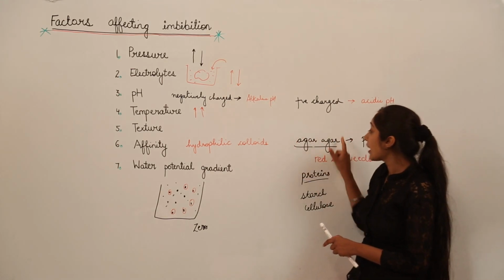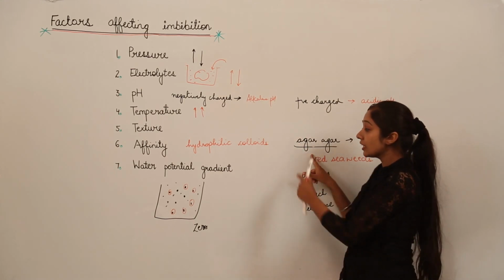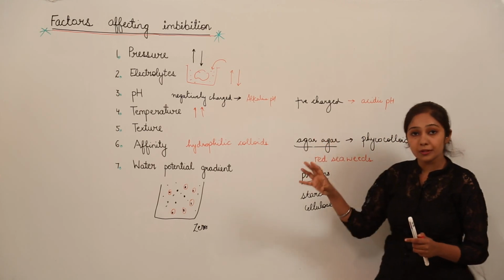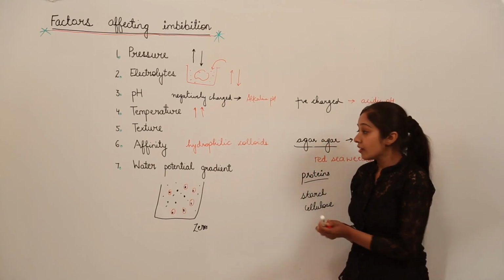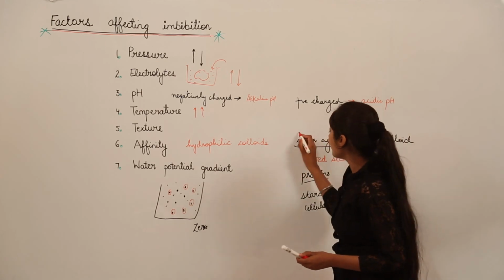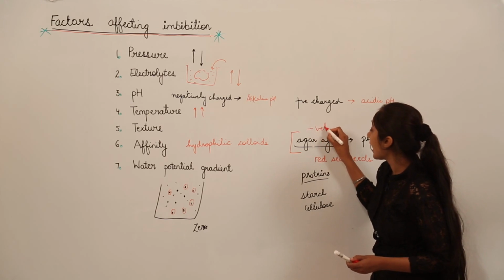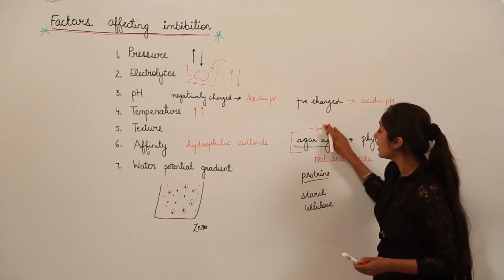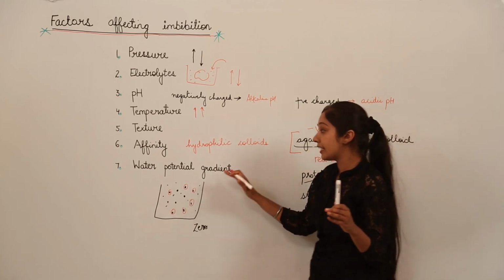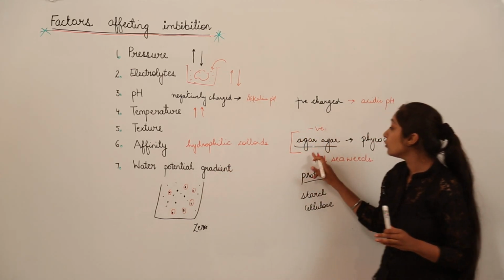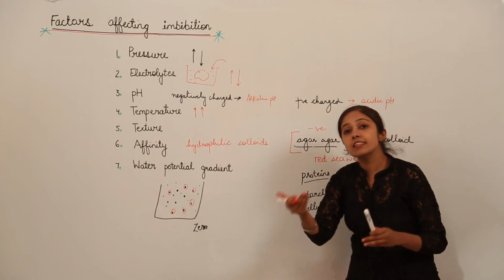Since agar-agar has a highly negative solute potential, if you keep it in water, due to the steep gradient, what is going to happen? We have a component that has highly negative water potential, and we put it in water. The steep gradient developing here is going to lead to the imbibition process at a much faster rate.